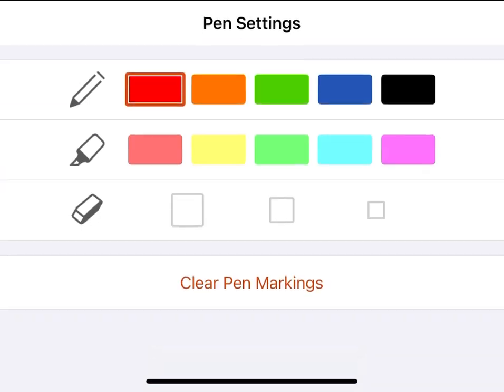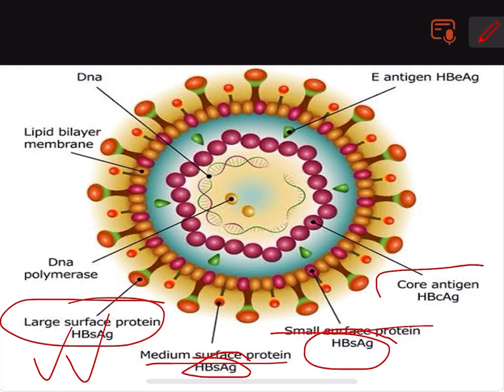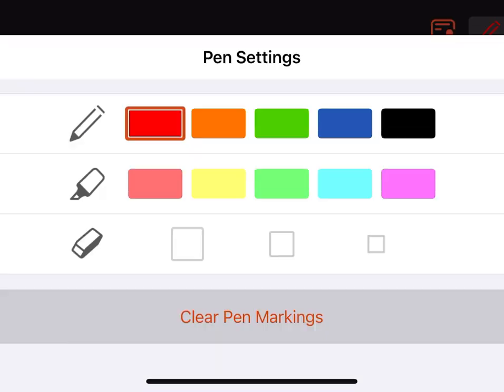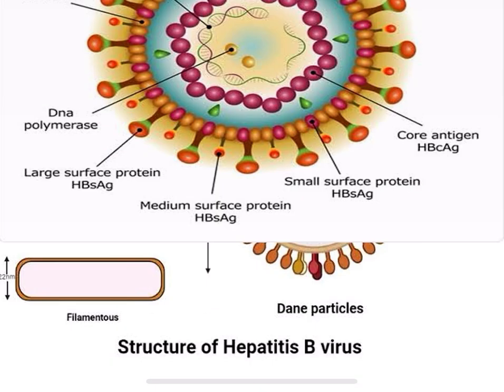So HBsAg specifically shows that the patient is infected, the surface antigen. Then we have medium surface protein, small surface protein. Then we have the core antigen HBcAg, and we have E antigen. All of these antigens we will discuss in detail in the pathophysiology. I just want you to have a look at this.